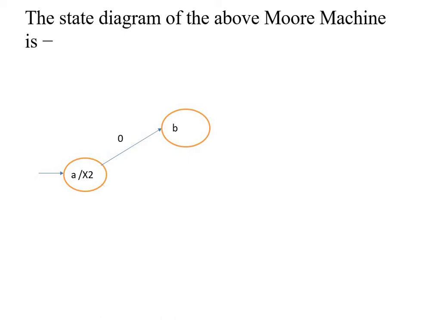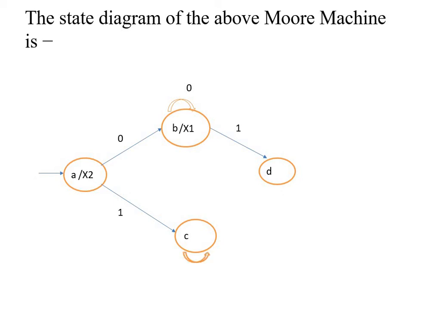Now from A on 1, which state is reached? Reach state C. Also output X2. Next, B on 0, reach B. Output is X1. Next, B on 1, state is D and output is X1.